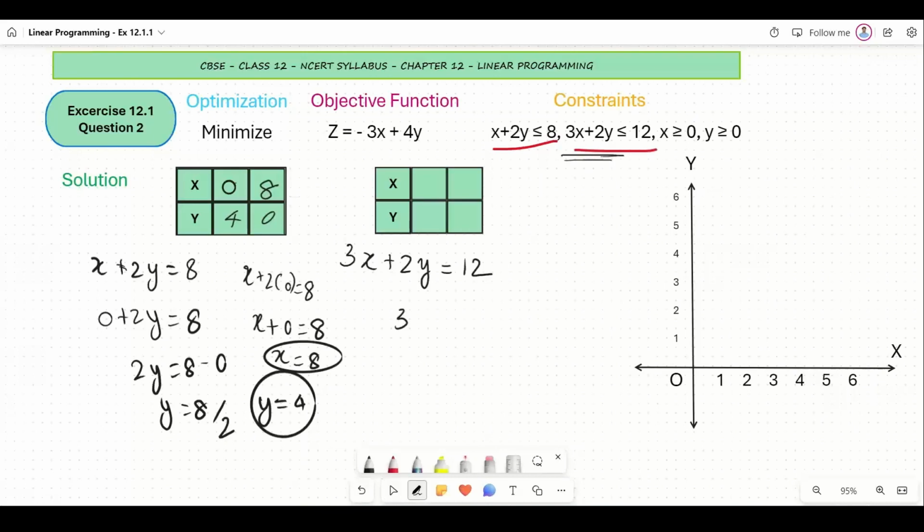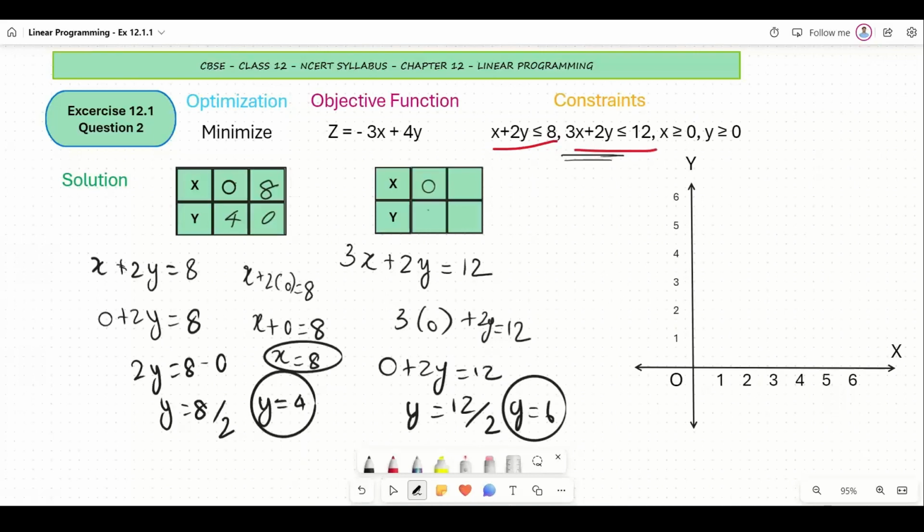So here we will have 0 for x, and let's find out the y value. So 0 plus 2y is equal to 12. So y is equal to 12 by 2. If you move this 0 over, it will be 12 minus 0. Again, it is 12. So y is equal to 6.